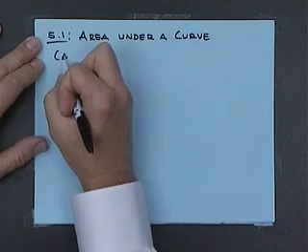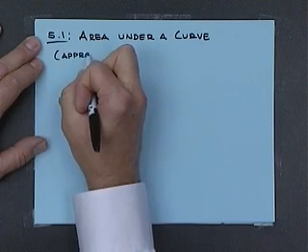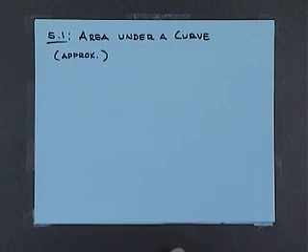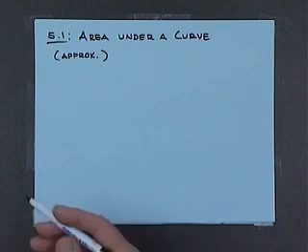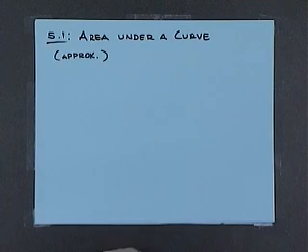Now, in this section, we're going to do approximations of areas. When we get to 5.2, we're going to forego a lot of the arithmetic and the manual labor, and we'll be able to actually use calculus to get area under a curve.